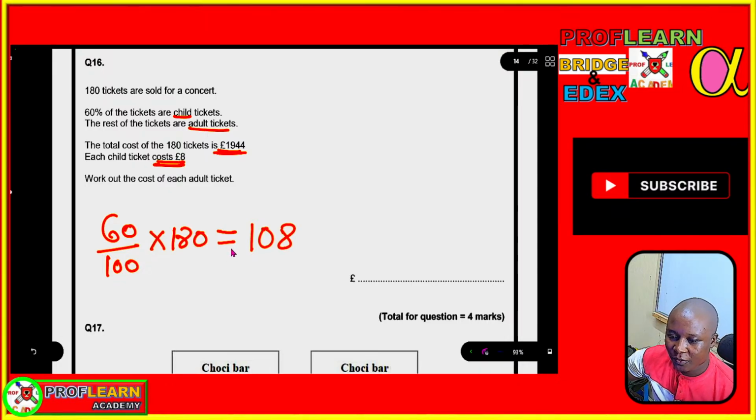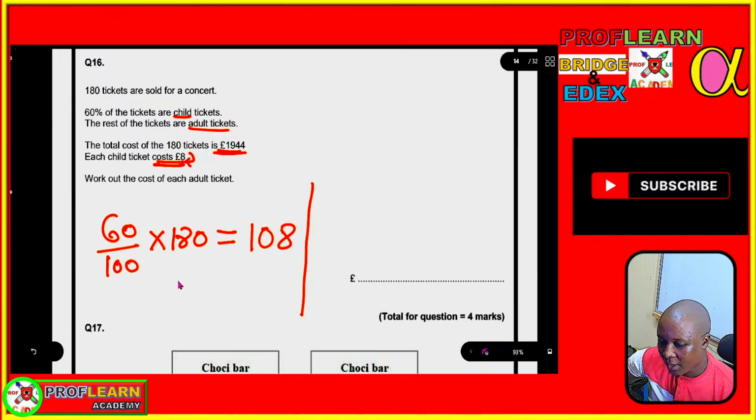This is the ticket for the kids. Each child ticket is this.